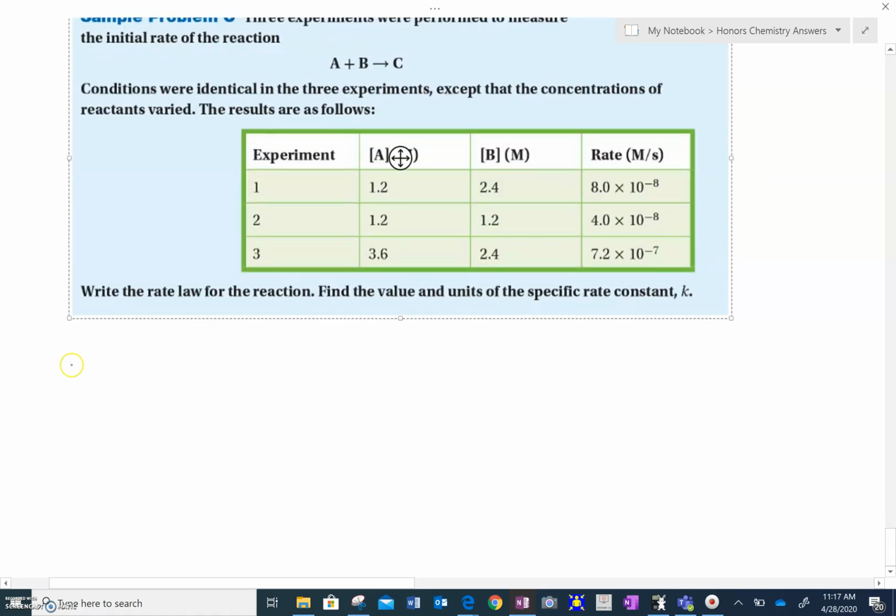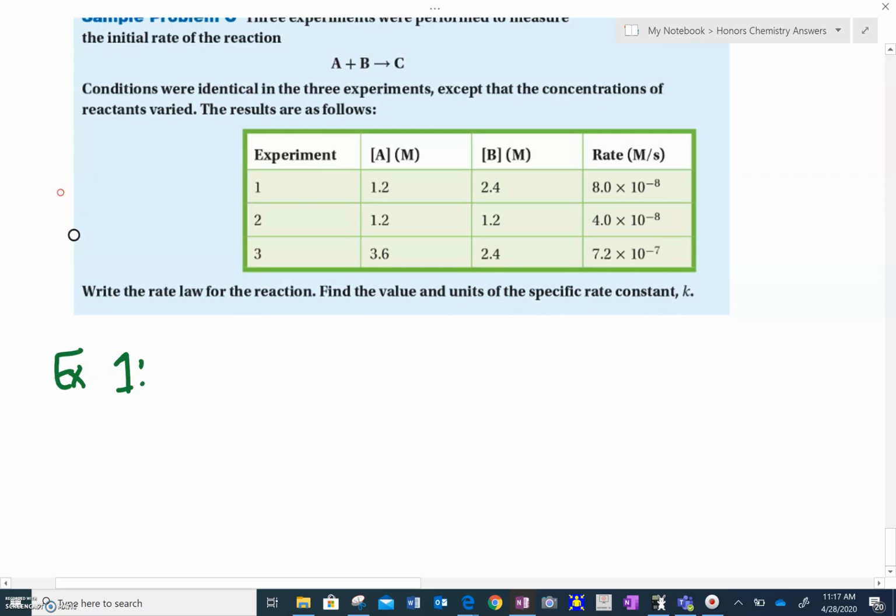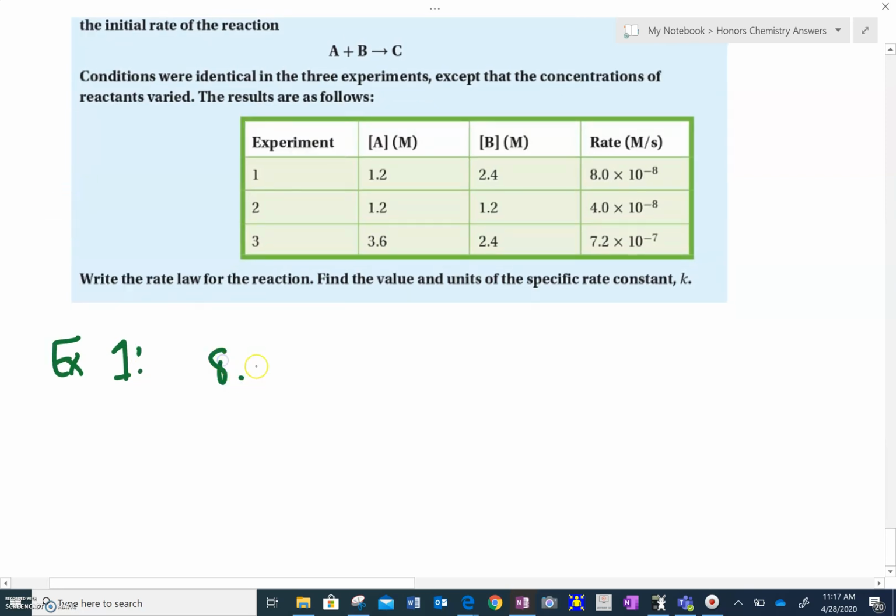Okay, so we know that for experiment 1, we have a rate of 8 times 10 to the negative 8 moles per liter per second.